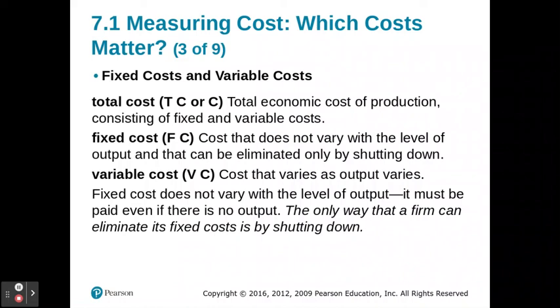So COVID happens, right? And for a lot of companies, what they would typically do is if they shut down, they would get rid of all their workers. They'd lay them off or fire them, and then they would just pay off their equipment over time.